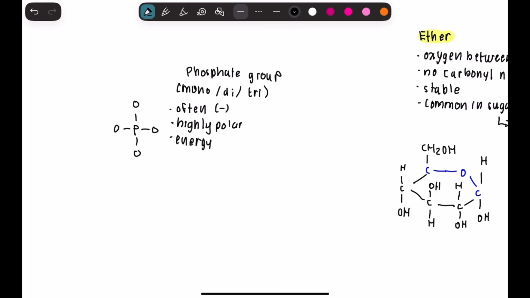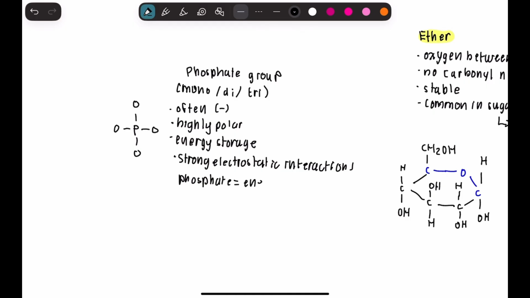You have energy storage. You have strong electrostatic interactions. And remember that phosphate equals energy, signaling, and nucleotides.